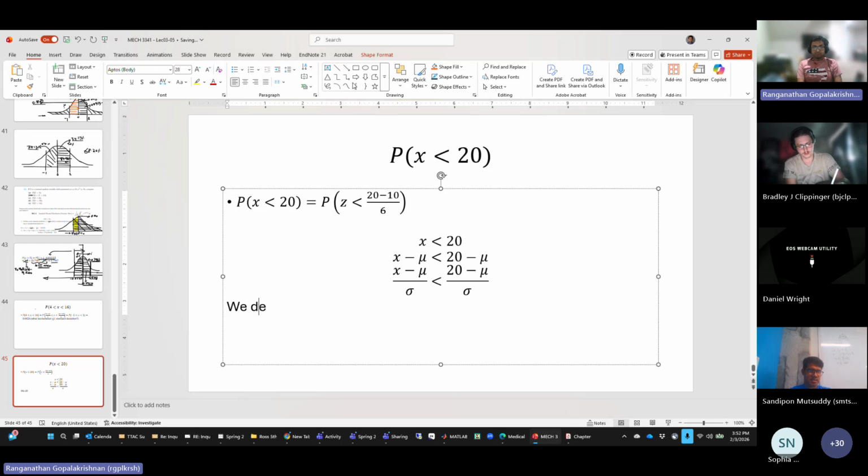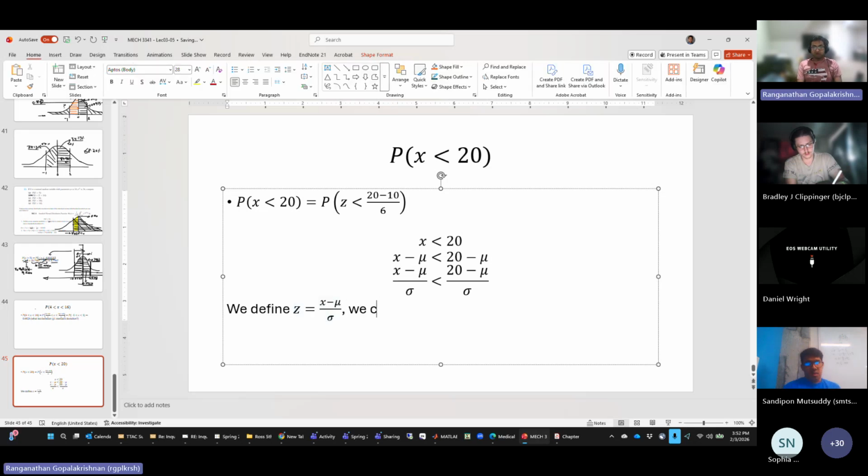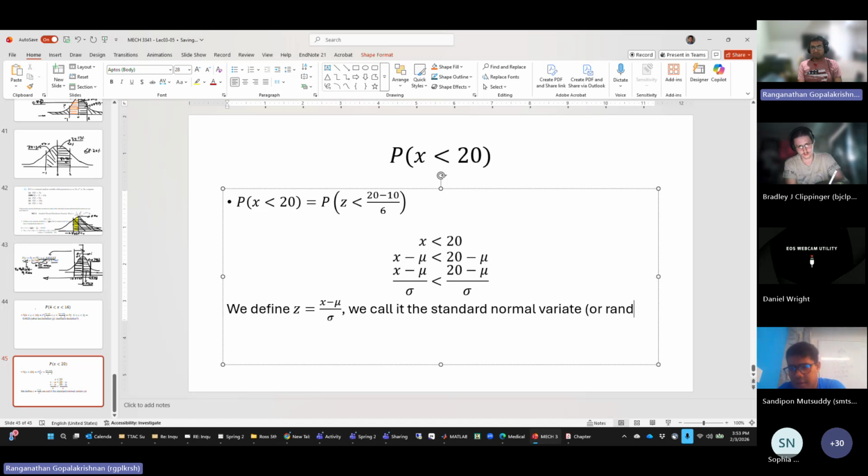We define z equals (x minus mu) by sigma, and we call it the standard normal variate or random variable. So the left side is now z.